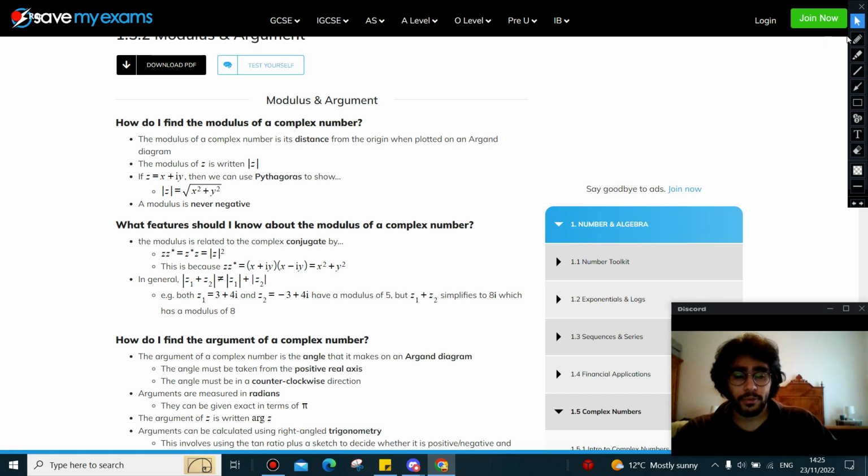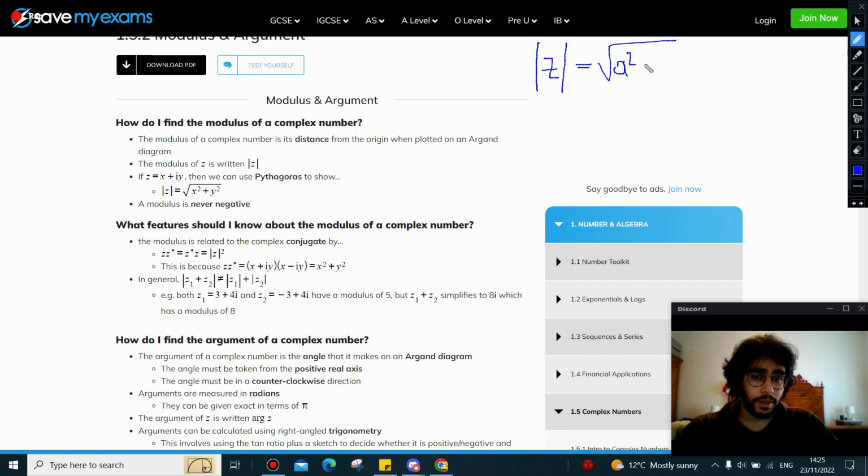How do I find the modulus of a complex number? Well, it's denoted with the absolute value. So if your complex number is z, then you put it between two lines, like an absolute value, and that could be defined as the square root of a squared plus b squared, where your z, of course, is equal to a plus bi.